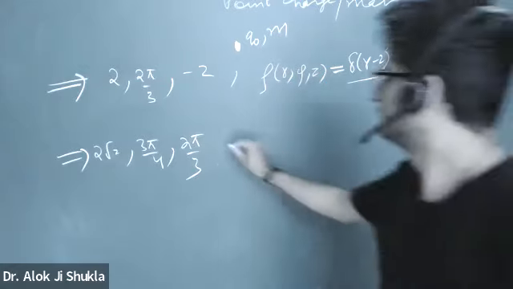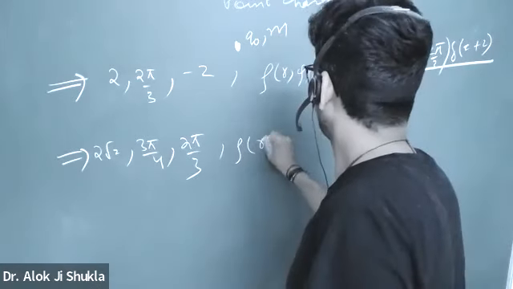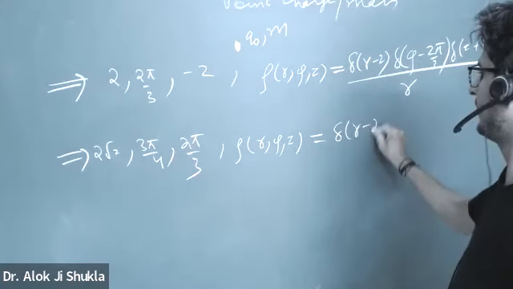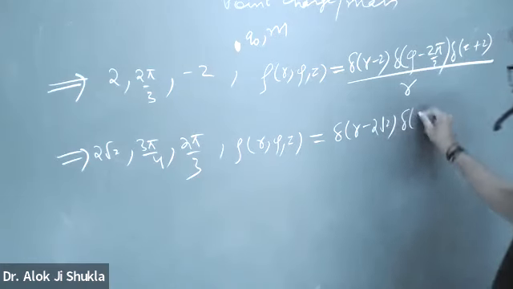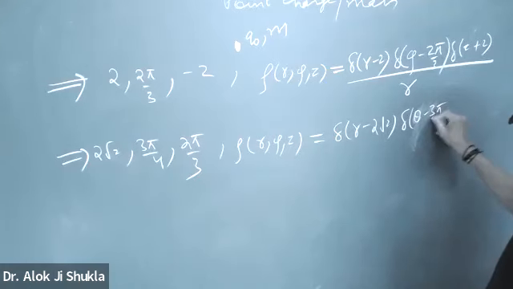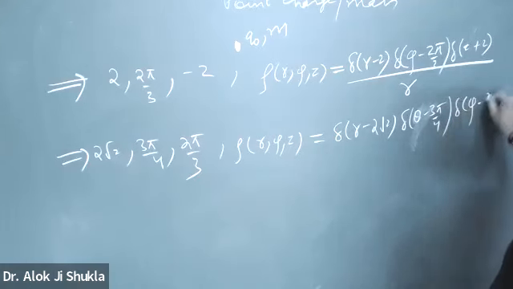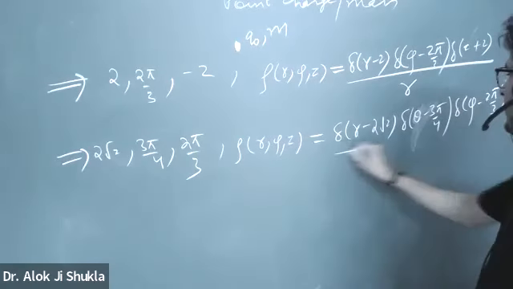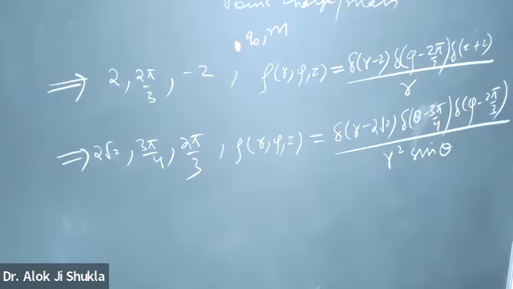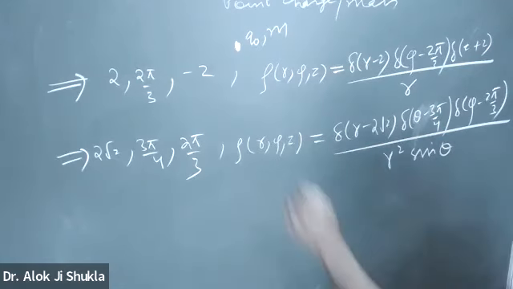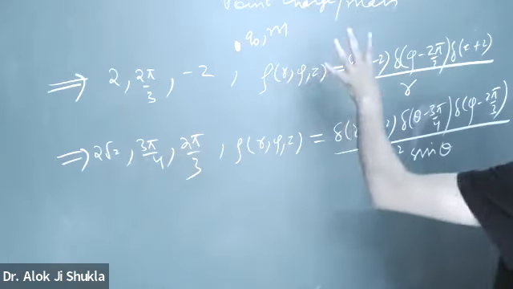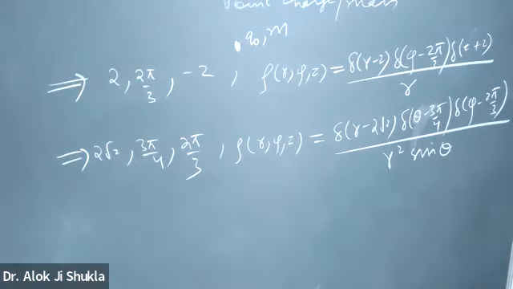And here rho R theta phi, जल्दी से, delta R minus 2 root 2, delta theta minus 3 pi by 4, delta phi minus 2 pi by 3, upon R square sin theta. So a point in Cartesian, cylindrical and spherical polar can still be represented as densities like this. समझ आ गया?